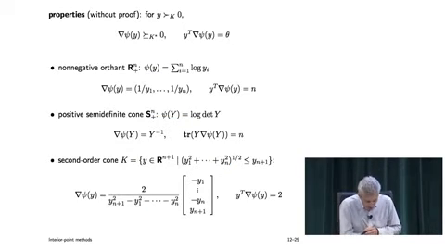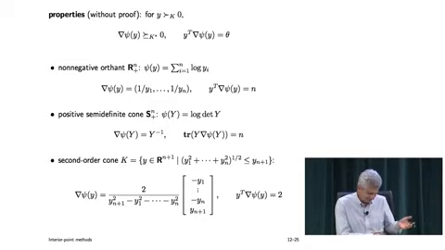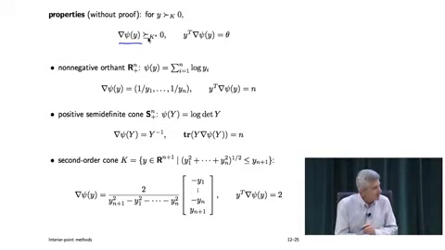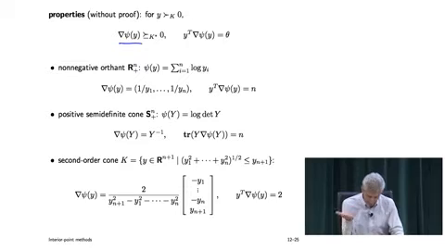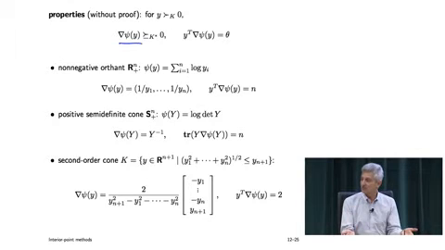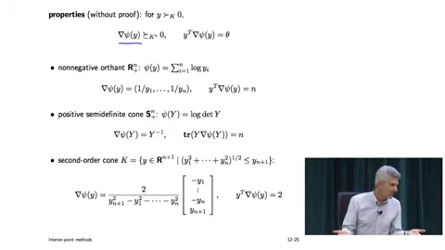Okay. So here are some properties. Some of these are easy; most of them are actually pretty easy to show. First, the generalized logarithm is monotone. Monotone, if you remember, means that if one thing is bigger than another, then the function value of the first is bigger than the function value of the second. Log is obviously monotone.